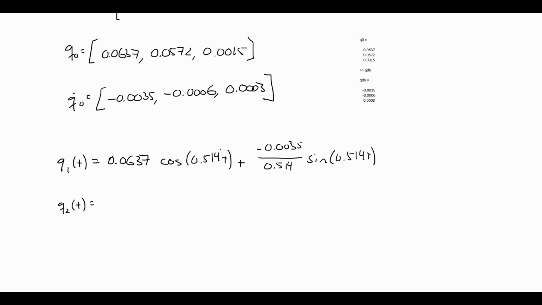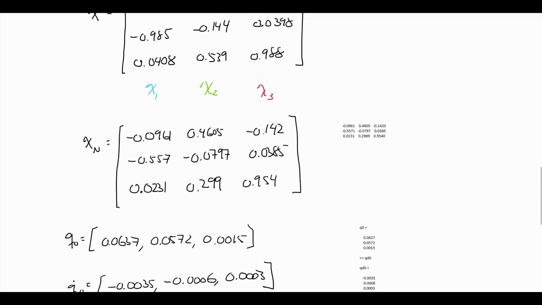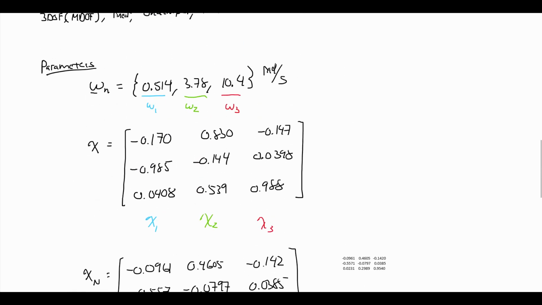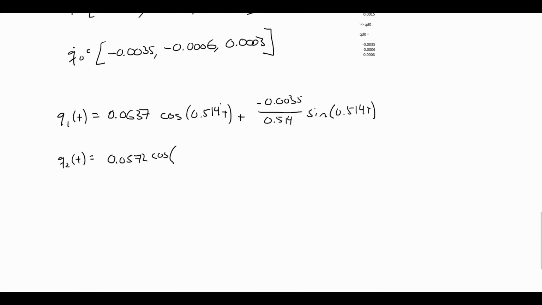So Q2, I will take 0.0572 cosine of the second natural frequency, which we found to be 3.78. Plus, now Q dot naught, the second one, 0.0006 over 3.78 times the sine of 3.78 t.